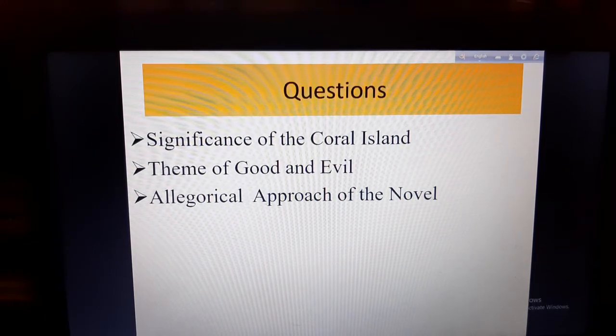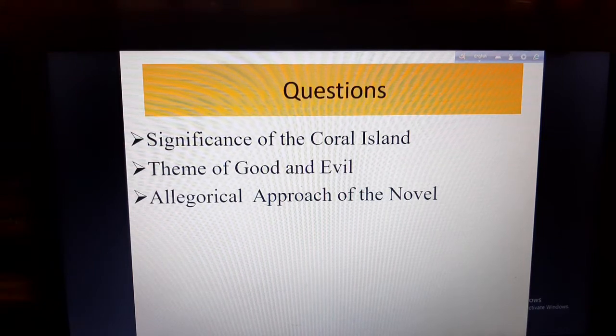And you know, from this text you have to focus on these questions: the significance of the coral island, the theme of good and evil, and the allegorical approach of the novel. To answer these questions, you have to focus on the story or the summary at first.